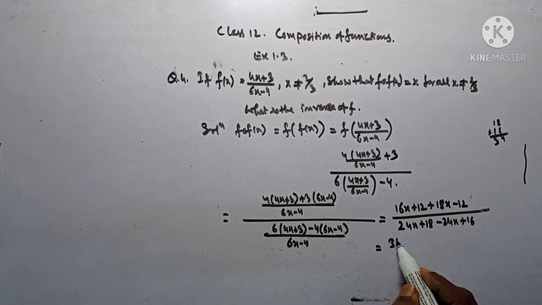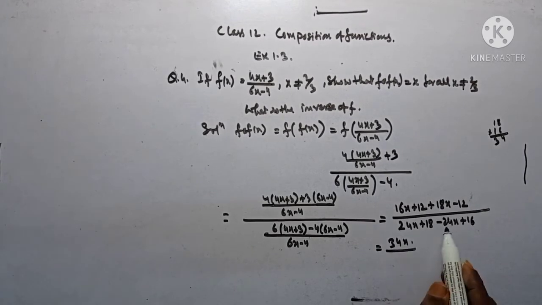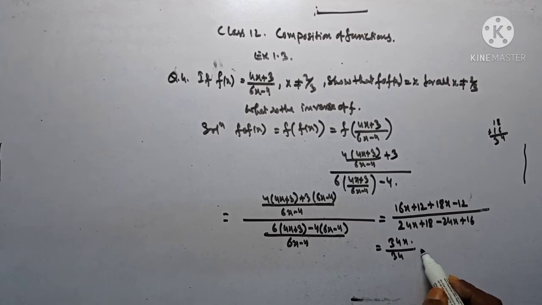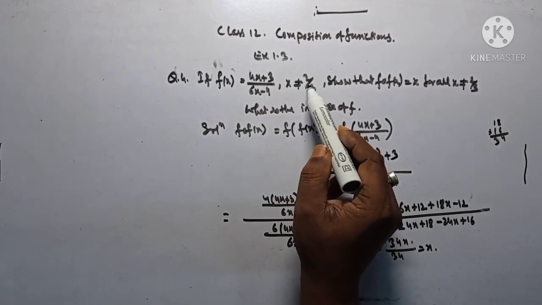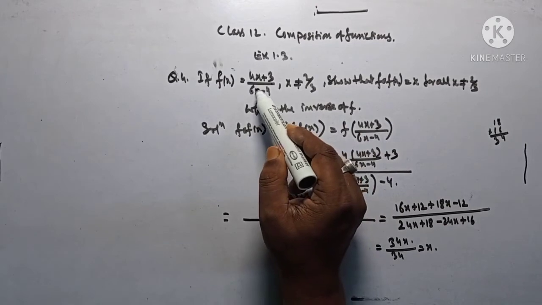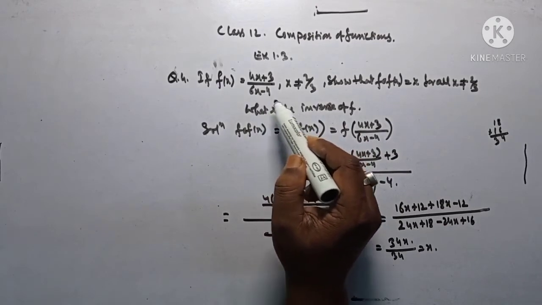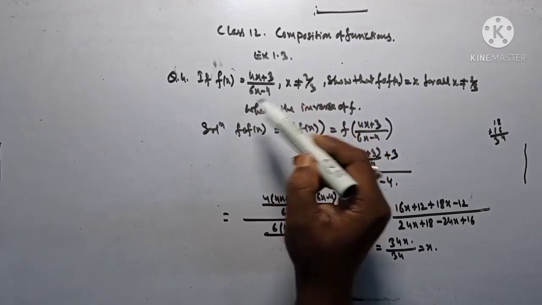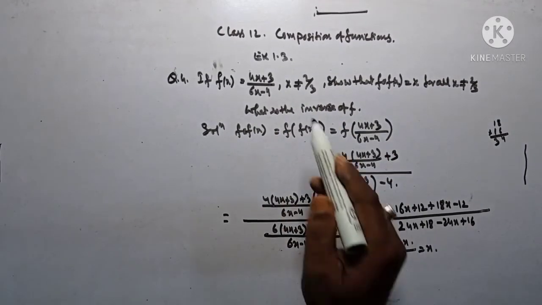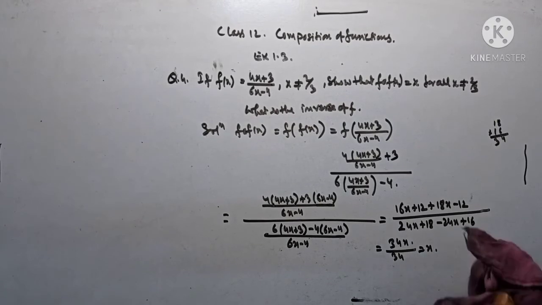So this will be 34x, and 24x cancels out, over 34. This will be equal to x. So x is not equal to 2 by 3, because it is given in the question. If you place the value of 2 by 3 here, 4 into 2 by 3... 6 times 2 by 3 is 4, 4 minus 4 is 0, so it is not defined, the function becomes not defined. So it has been defined that x is not equal to 2 by 3.